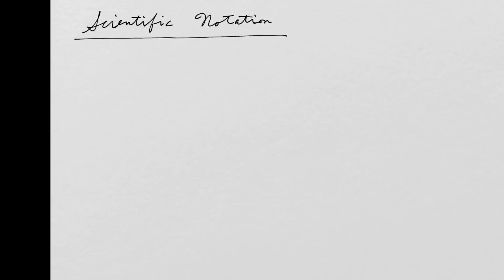Okay, so why do we use scientific notation? Well, typically it's used in science and engineering when you want to represent either really large numbers or really small numbers. Right? If you want to represent them more efficiently than writing them out in standard form. So it's used when you want to represent really large or really small numbers and you don't want to write them out in full in standard notation.